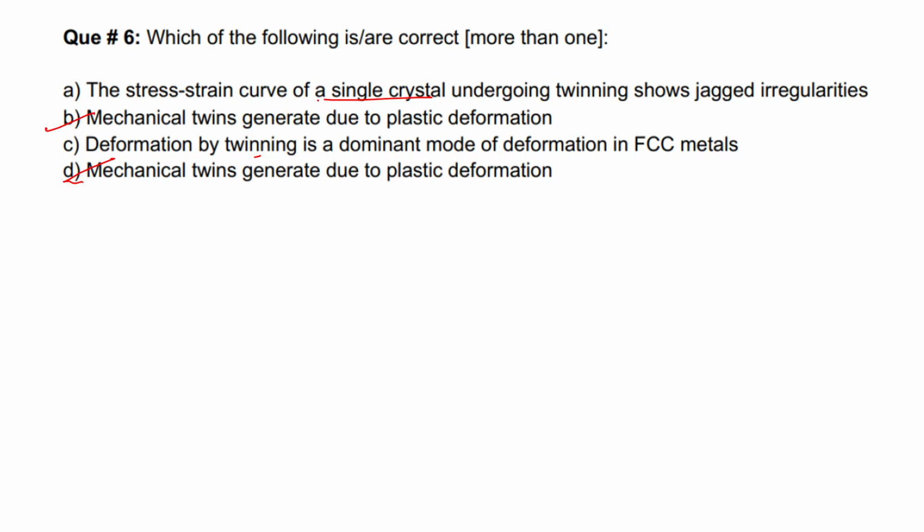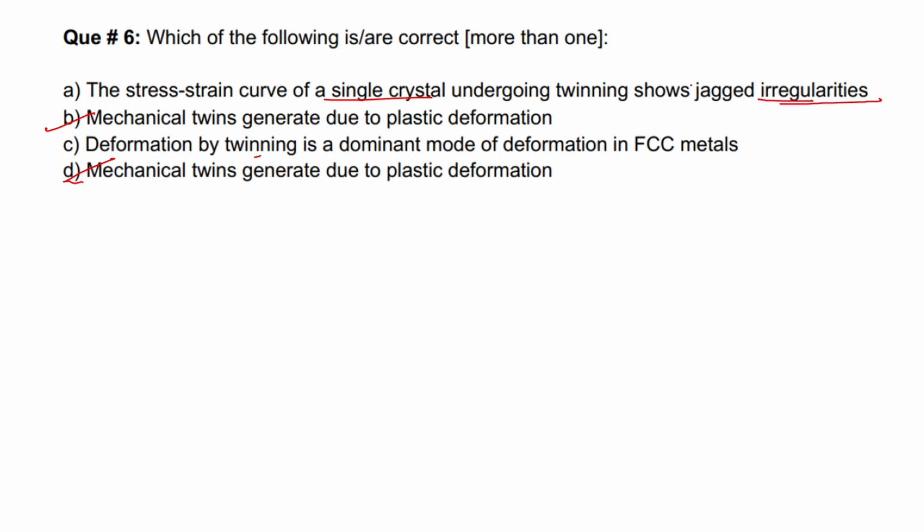So what will happen for a single crystal when twinning starts? The dislocation density will also change. No, wait. Twinning is basically one type of obstacle which is analogous to grain boundary.